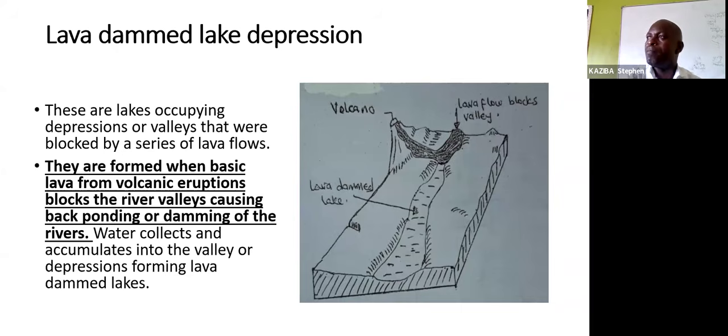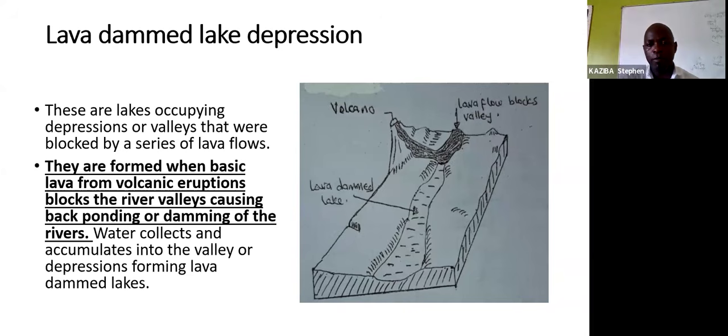So I need questions before I go to another question. On the diagrams, make sure you draw talking diagrams.